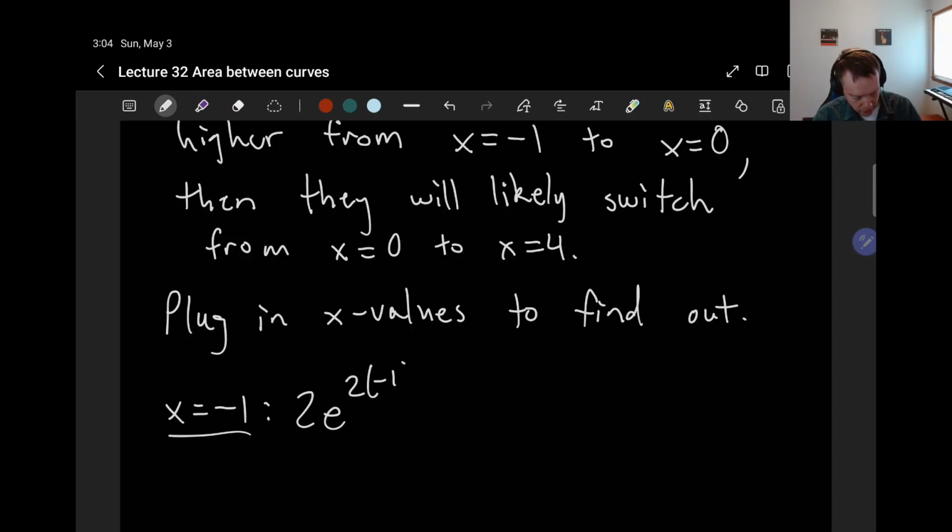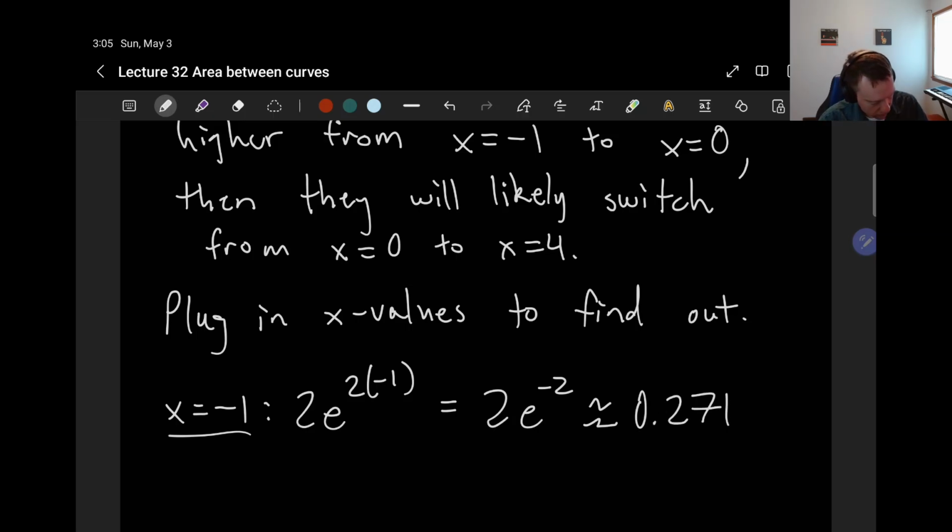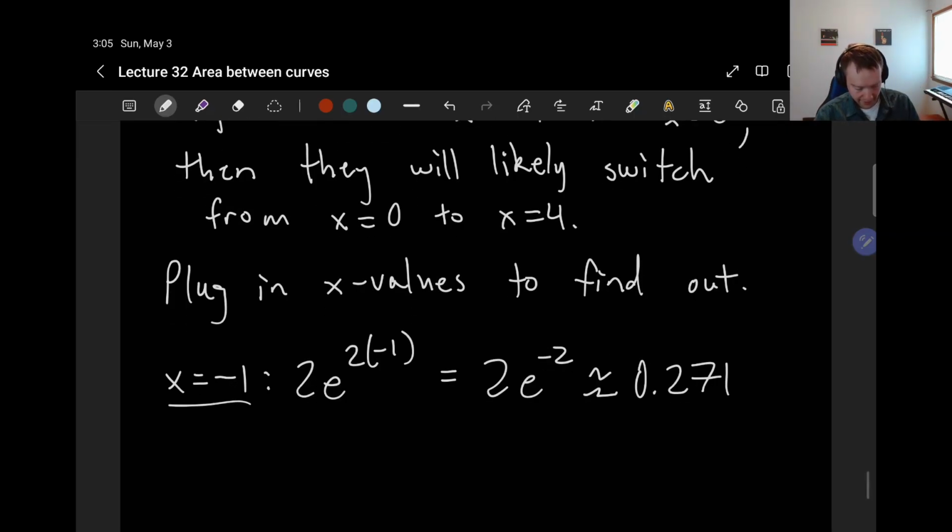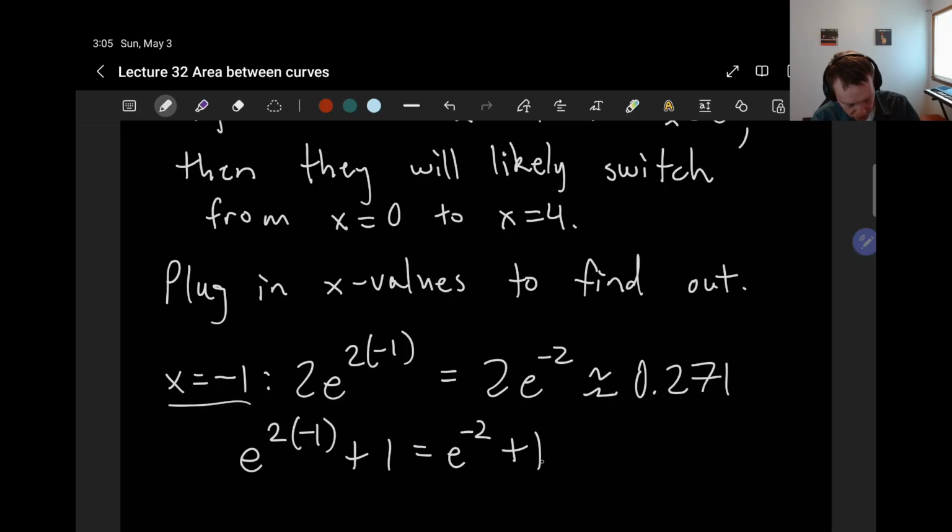So 2e^(2x), we plug in -1. So that is 2e^(-2). You'll need your calculator for this. And I got about 0.271. Okay, then if we plug into the other function, e^(2x) plus 1, so that is e^(-2) plus 1, well, I get about 1.135.